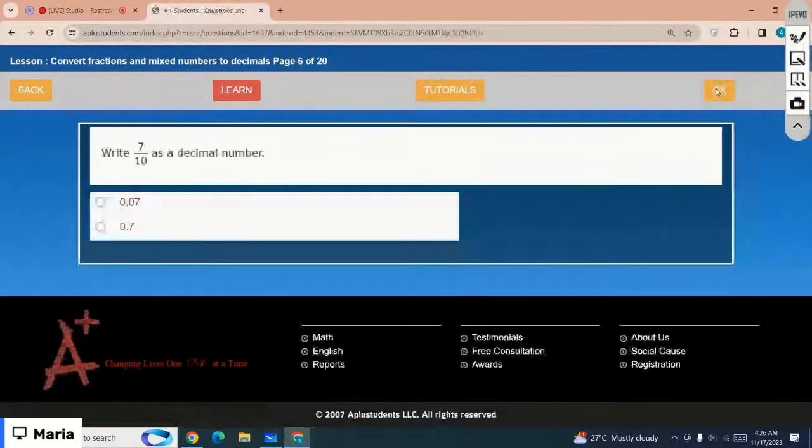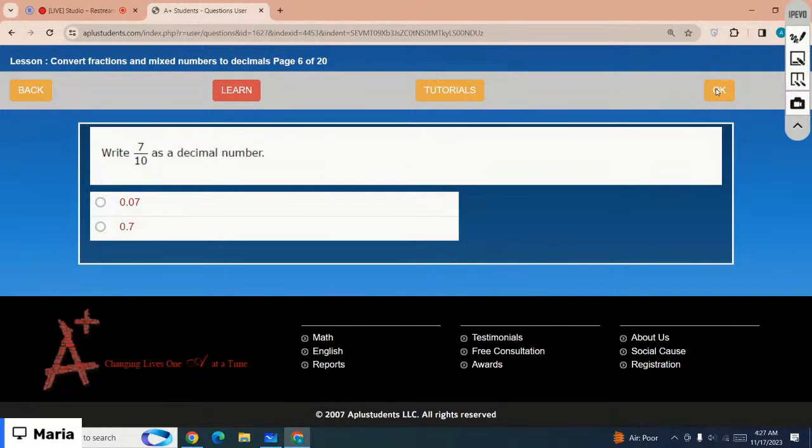Okay, write 7 over 10 as a decimal number. So which is the correct option? The correct option is, you have just one zero, right?